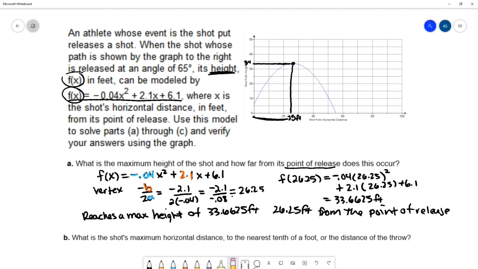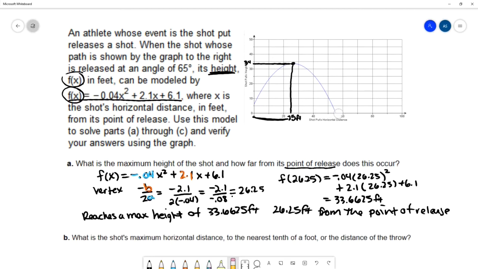Okay, so I went and got part B. What is the shot's maximum horizontal distance to the nearest tenth of a foot, or the distance of the throw? Using our picture, you can see over here that the shot would end right here, in between 50 and 60.